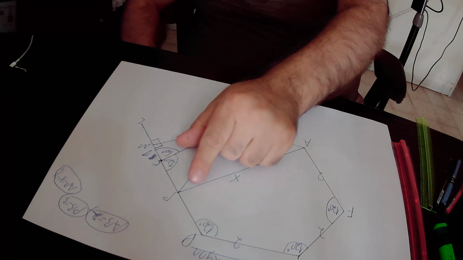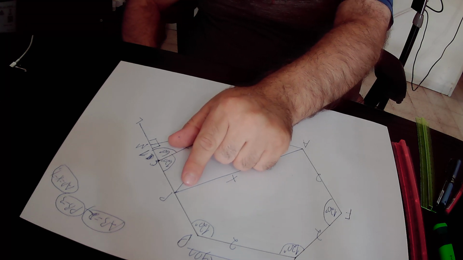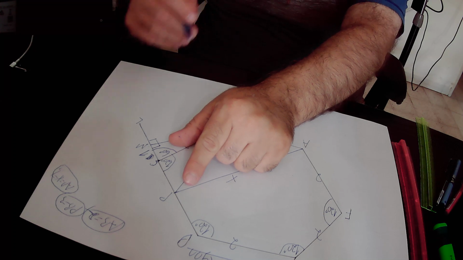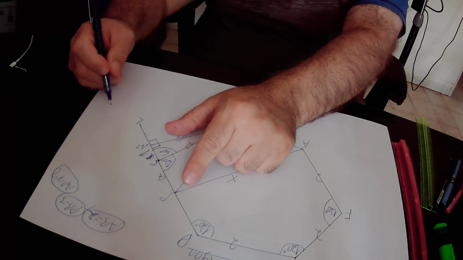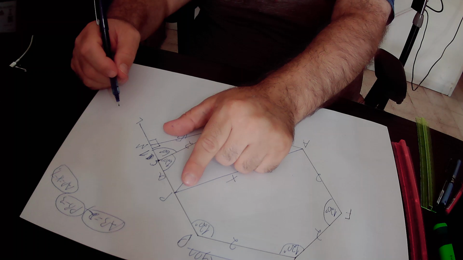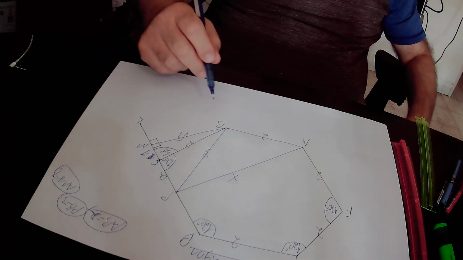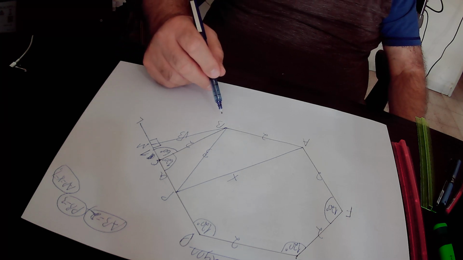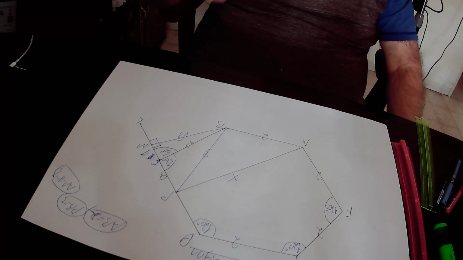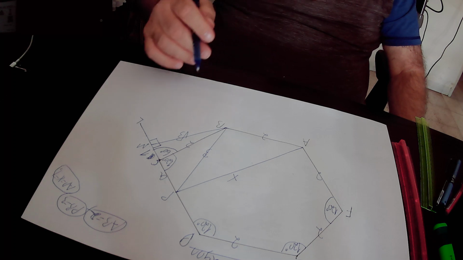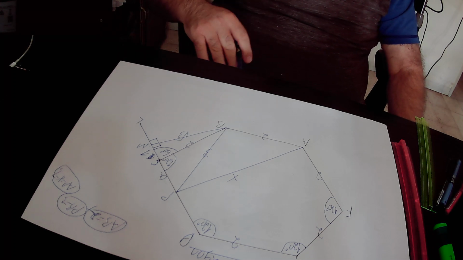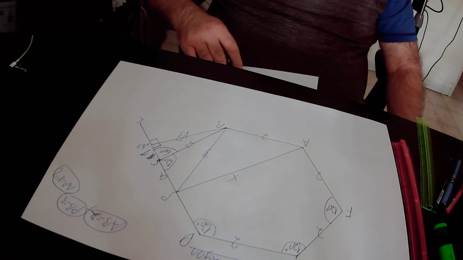CM equals 1, PC is unknown, so we'll define the length of PC as A. Therefore, the length of PM is A plus 1. The length of BM is equal to the square root of 3 units, and the length of the hypotenuse PB is equal to 3. So we copy the right triangle PBM in a new page, and we will analyze it.